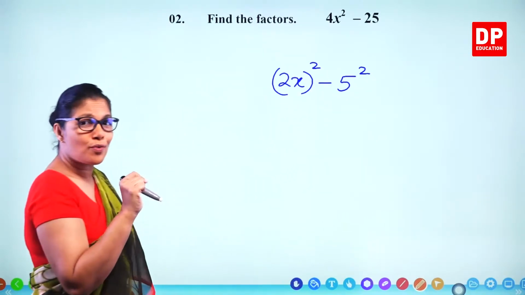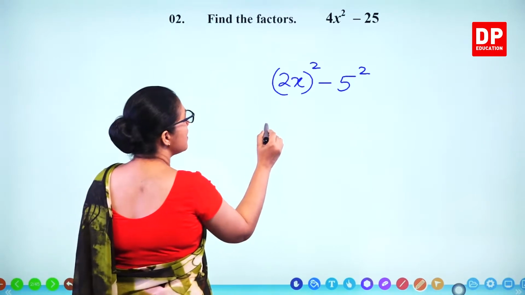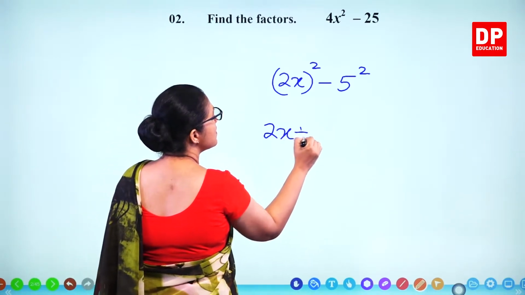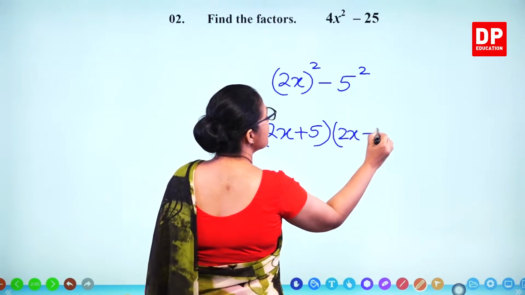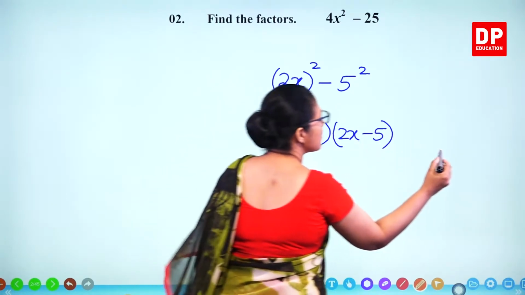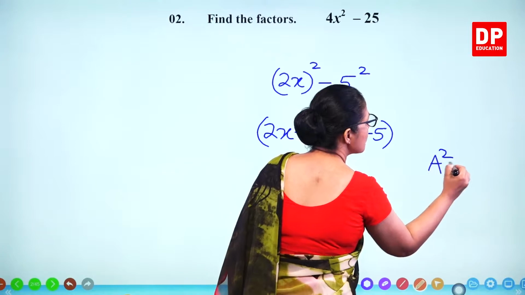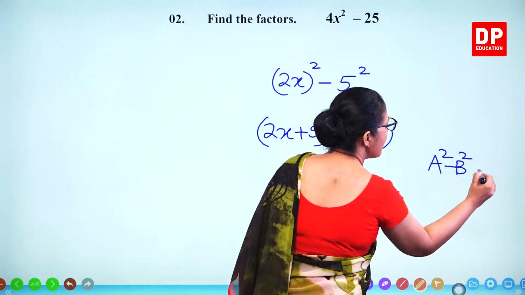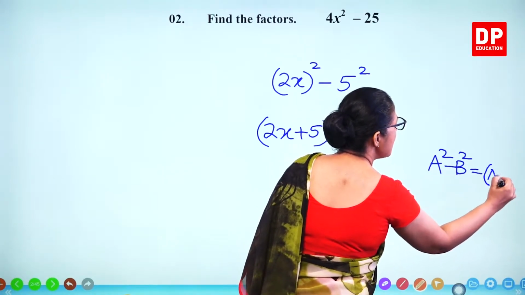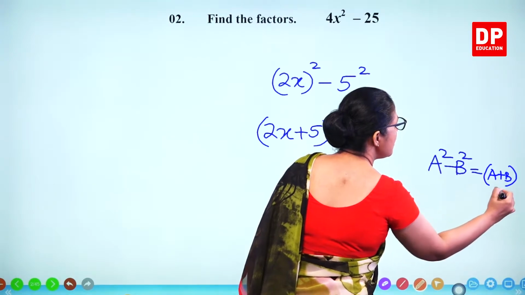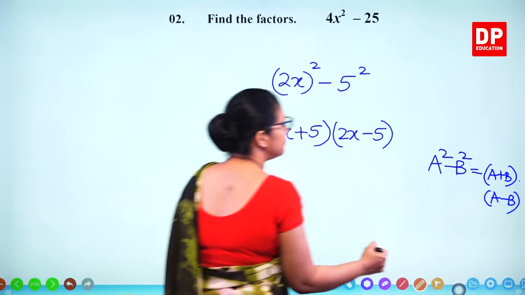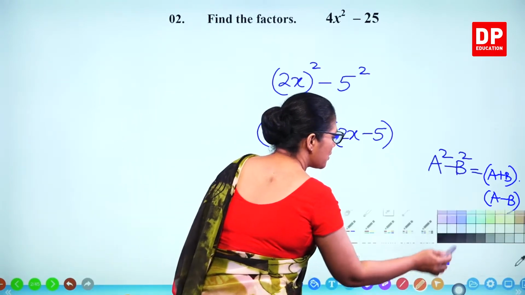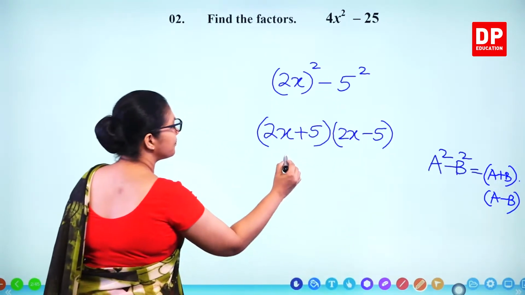For a difference between 2 square terms, you can write one term positive and the other term with a negative sign. So remember, a squared minus b squared you can write as (a plus b) into (a minus b). So you get 2 marks for that.